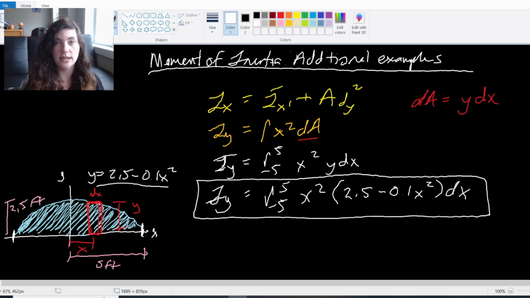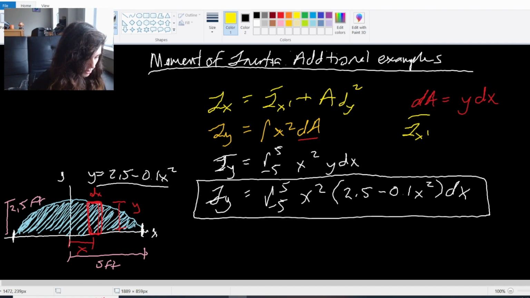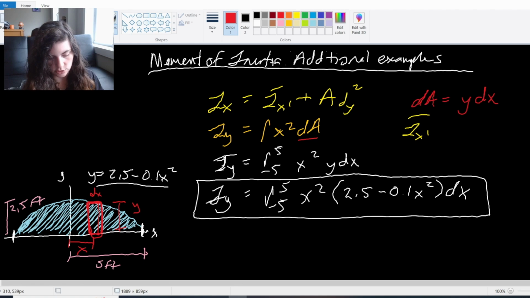So that's one integral we can get. And we can also get our moment of inertia about the x-axis. The component that we still need for that one is the moment of inertia about the centroidal x-axis, which we pull from a table. This is for our rectangular slice, this red slice here. It's the moment of inertia for each individual differential slice.